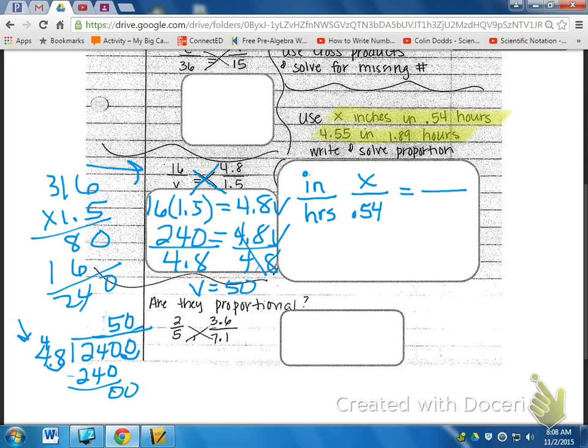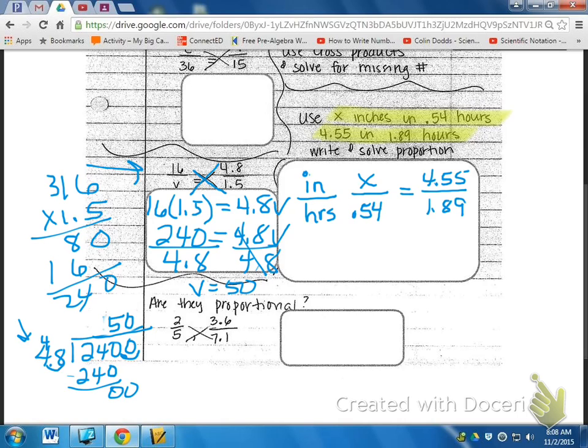Okay, the other set, 4.55 inches in 1.89 hours. But what goes on top from that set? 4.55. And what would go for the bottom then? 1.89. Lots of decimals in this. Okay, so write and solve the proportion.